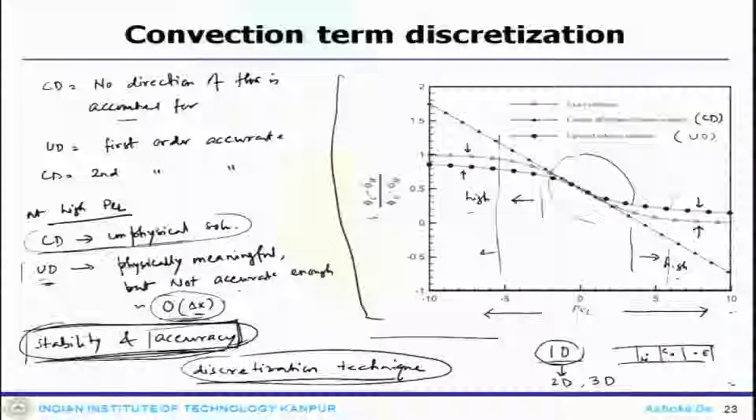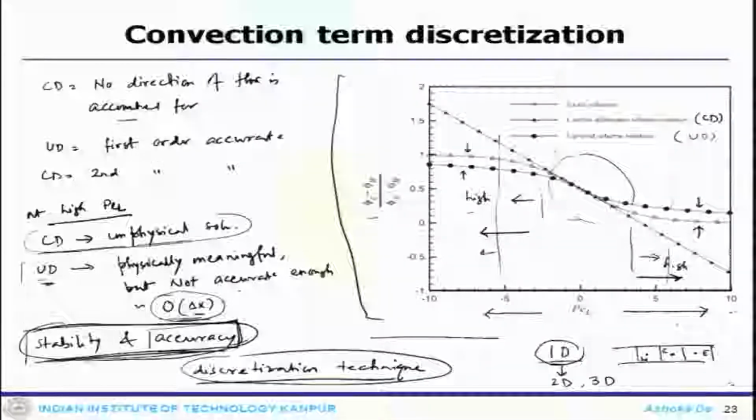profile of the scalar against the varying Peclet number. We have seen that in the low Peclet number region, all the numerical schemes like the upwind scheme or the central difference scheme exhibit proper behavior when compared against the exact or analytical solution, but both of them start differing as they move outward, in this direction and this direction, into the high Peclet number regime.